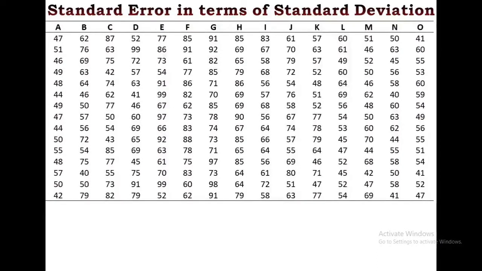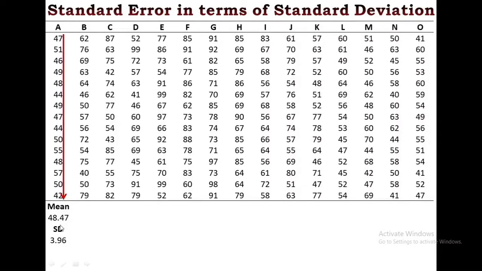I think the easiest way to understand standard deviation and standard error is through a simple example. Suppose we take 15 samples A, B, C up to O, and in each sample we took 15 different leaves. This is the average or the mean of the values we measured for sample A, and this is the standard deviation on both sides of the mean. It quantifies how much the data are spread out in sample A.